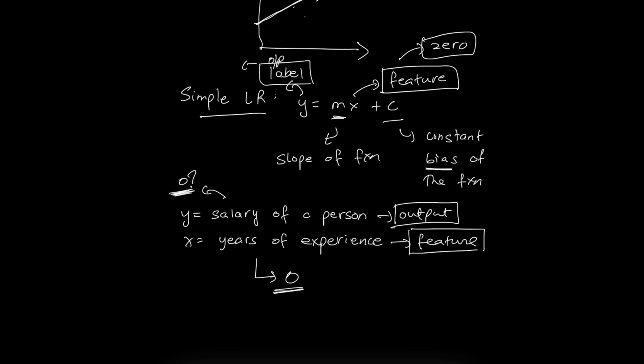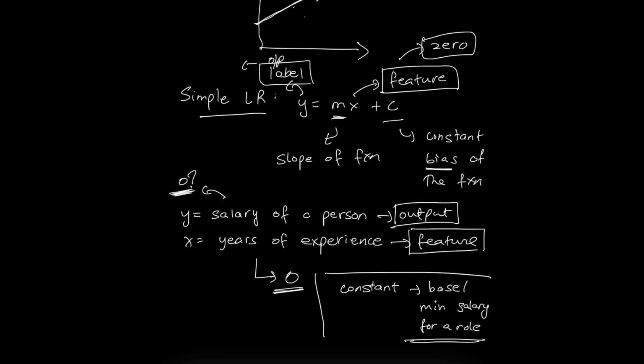In this case it won't be, or actually in most cases it won't be, because we factor in a constant term, which is something like a base or minimum salary for a role that we incorporate into the function.